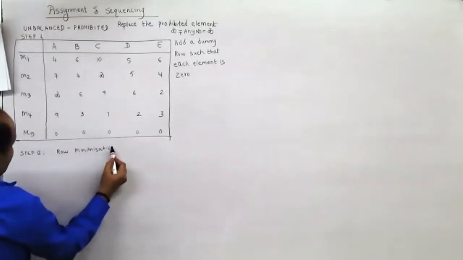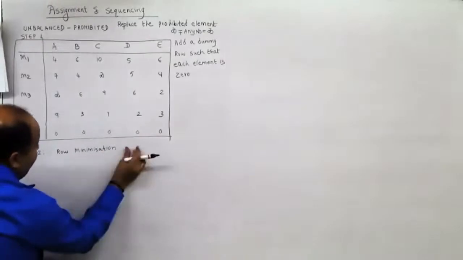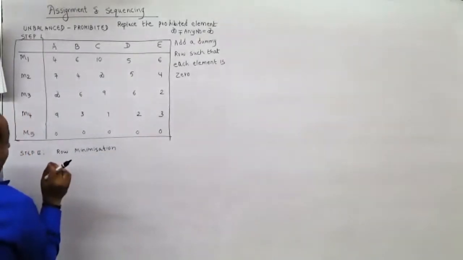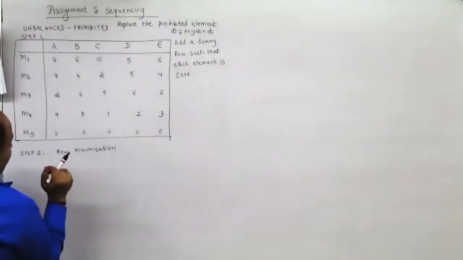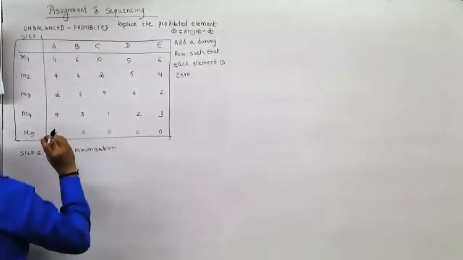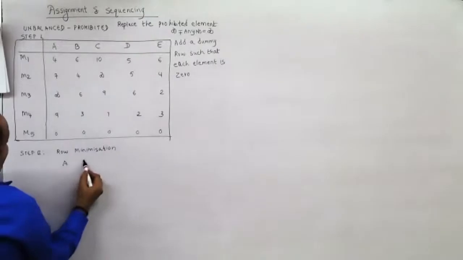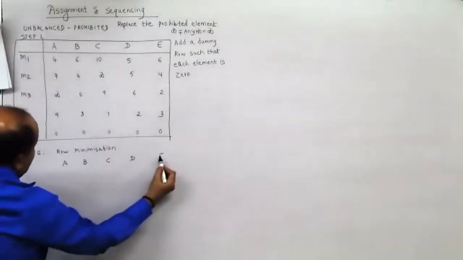What is row minimization? You need to write here in one sentence that we have to subtract the minimum value of each row from other elements of the row. So here, A, B, you have to write it in words. Remember that.